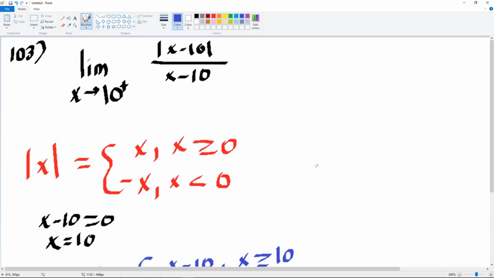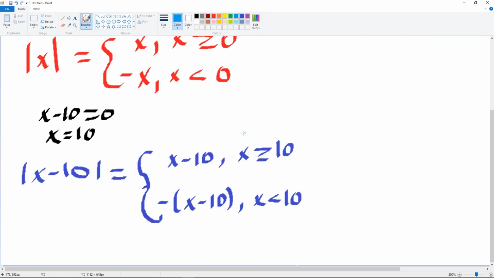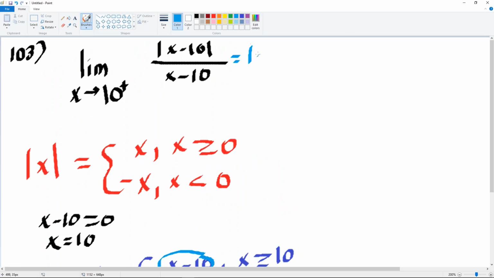So let's look at the problem. We're approaching 10 from which direction? Right. So that's 11, 12, 13, 14, 15, 16, 17. Do all of those numbers fall greater than or equal to 10 or less than 10? Greater. So it's going to be the positive version. So we're going to say the limit as x approaches 10 from the right.